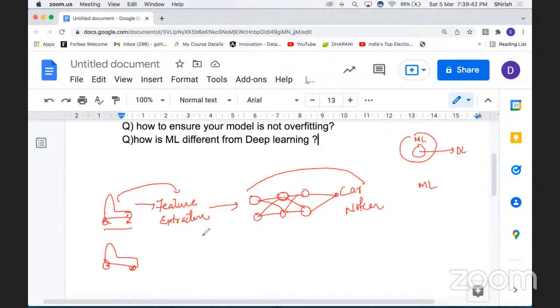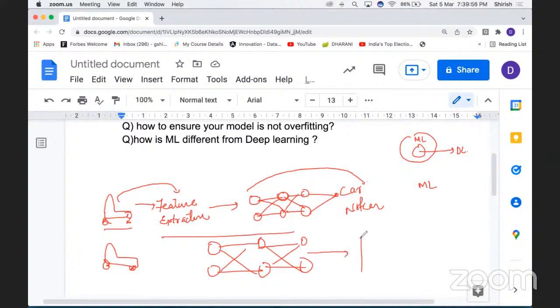All these things are happening here only. There is no special command required here. The classification happens and you get the output, whether it is a car or not a car. So it is automatic feature extraction, reducing some information through multiple layers, where each layer propagates the information to the next layer, forming a dense network for the final outcome.